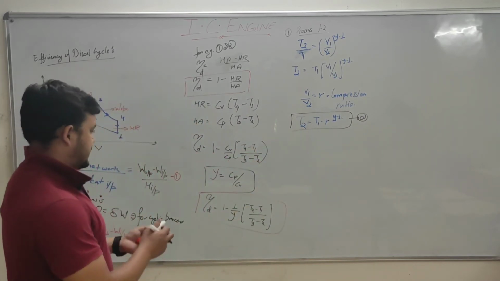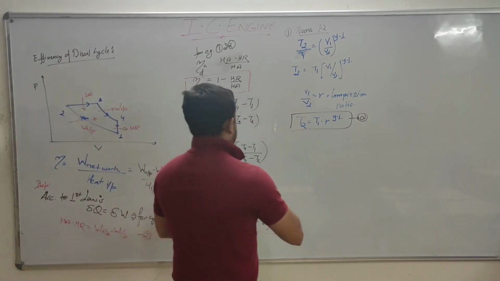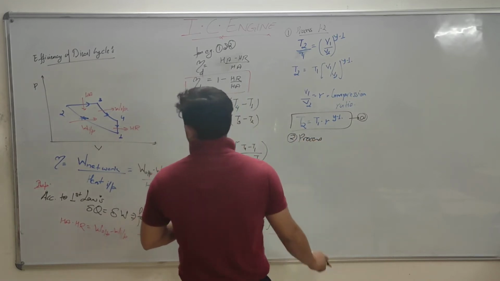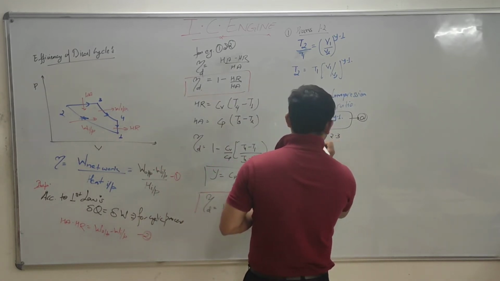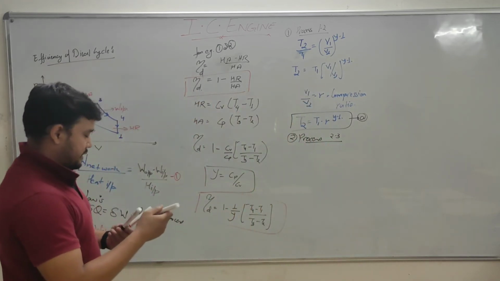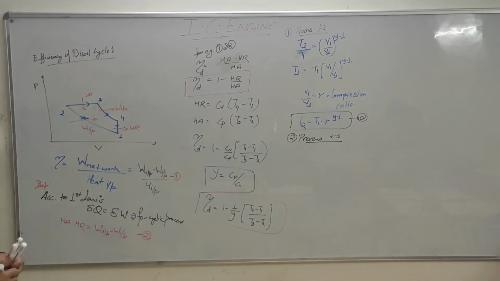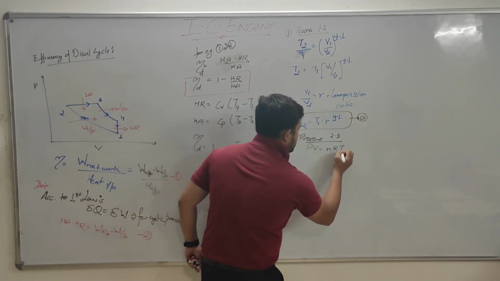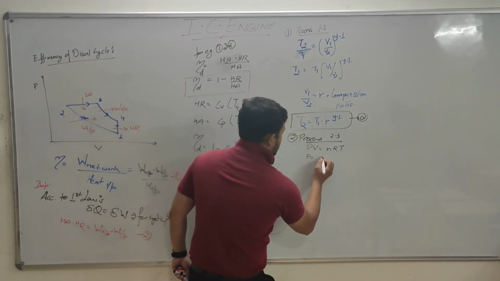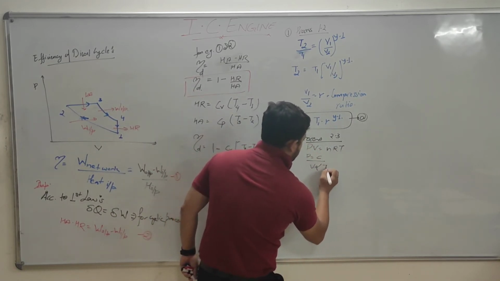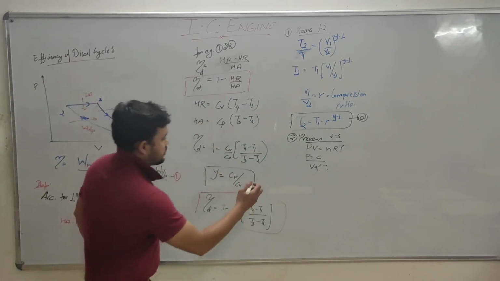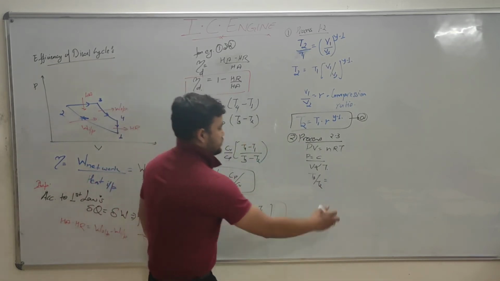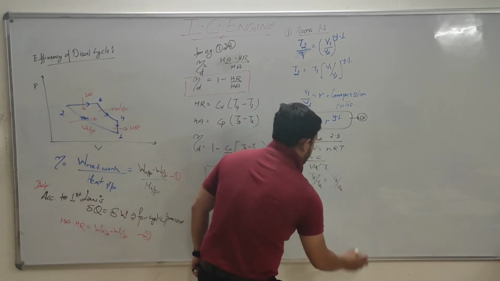Now, in the second step, we take process 2 to 3. What happens in 2 to 3? Heat addition takes place at constant pressure. According to the gas law, PV is equal to nRT. Here pressure is constant from 2 to 3, so V is directly proportional to T. So T3 upon T2 is equal to V3 upon V2.